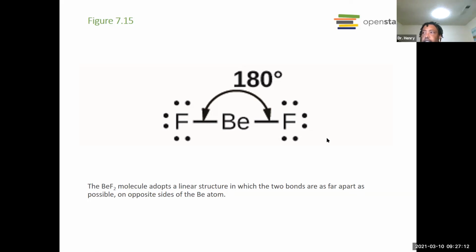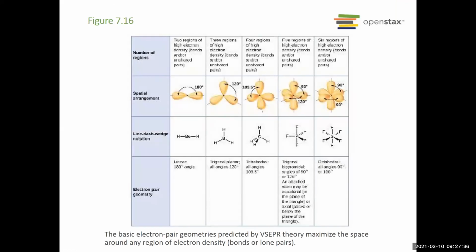So it has 2 attachments. So in this case, the bond angle between the fluoride and the fluoride is going to be 180. Okay, so they're going to try to be as far apart as they could possibly be. Okay, does that make sense? Yeah, kind of. Starting to make sense, yeah.